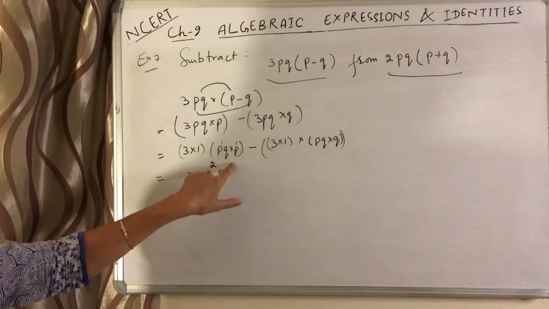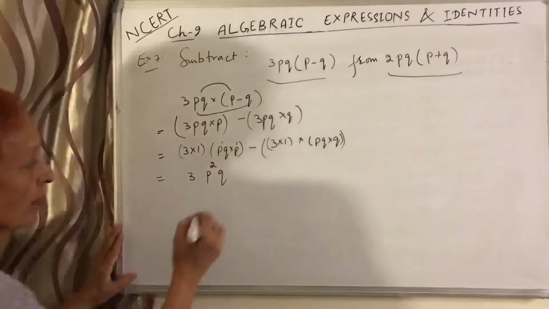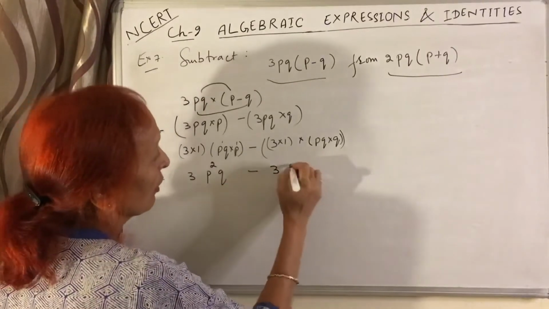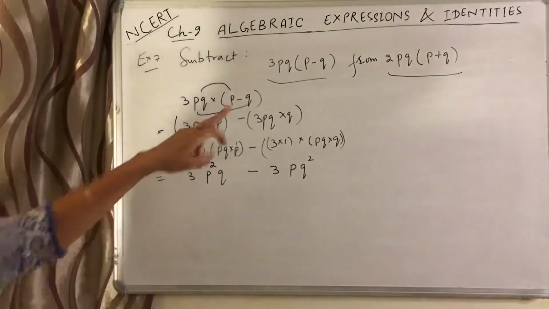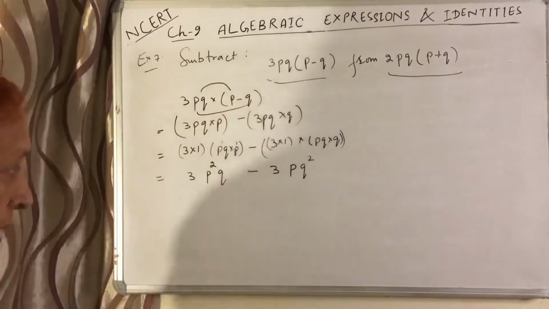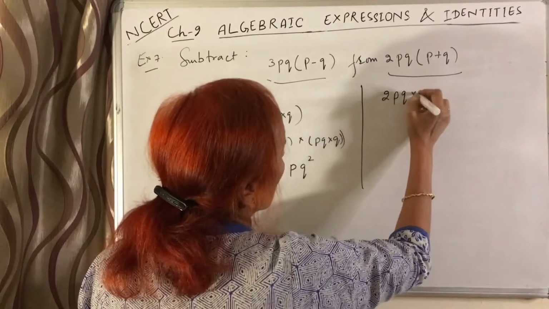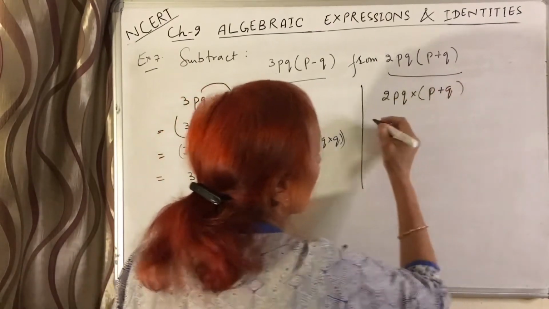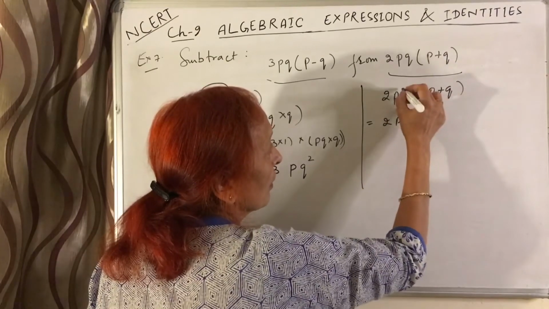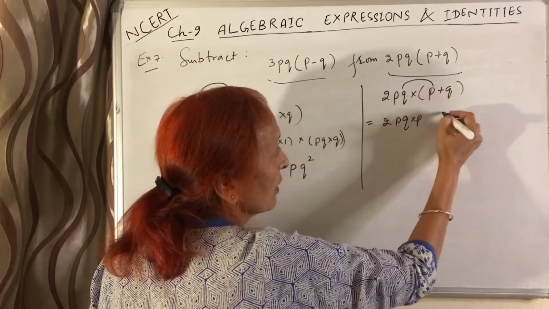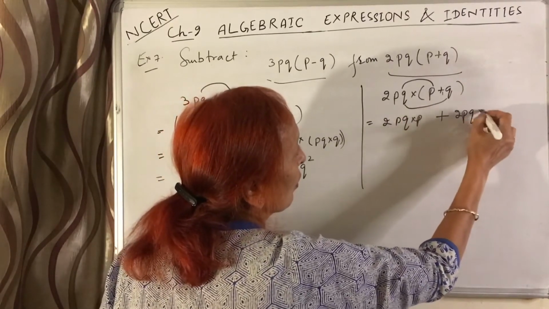Same base p, powers will be added, so p square q as it is minus 3p and q square. Okay, this is the simplification of this expression. Now we will simplify this, 2pq into (p plus q). This is equal to 2pq into p. Multiply this with the first term first, this sign as it is, then 2pq into q.